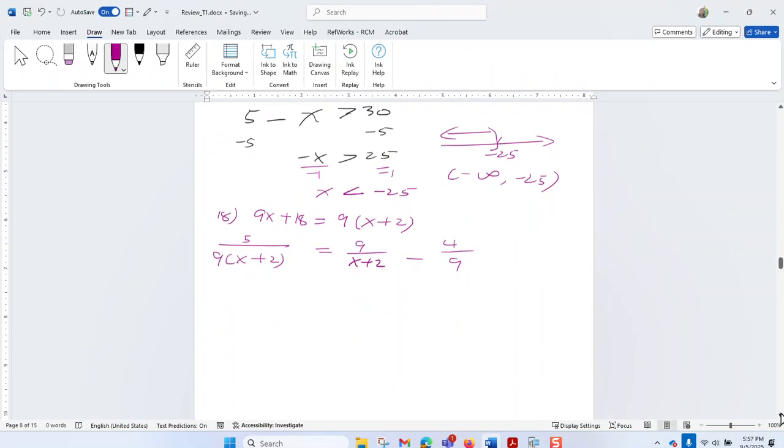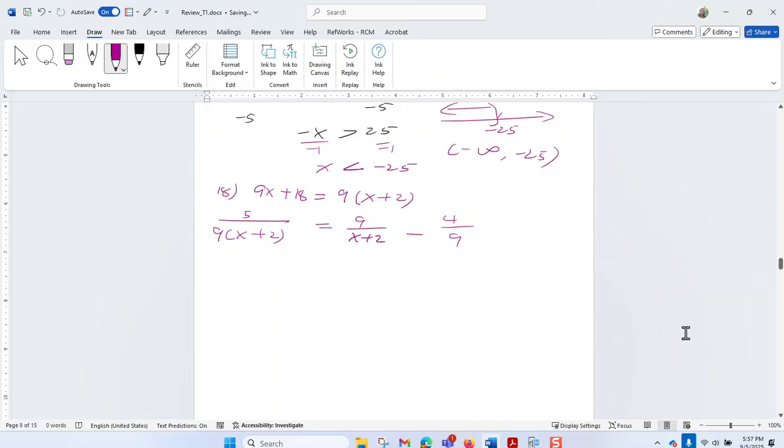So x plus 2 cannot be 0, which means x cannot be -2. That's something we have to keep in mind. If at the end we only have one solution and it's x equal to -2, we still have to get rid of that. Now we're going to multiply both sides by the LCD, the least common denominator, which here will be 9 times x plus 2.